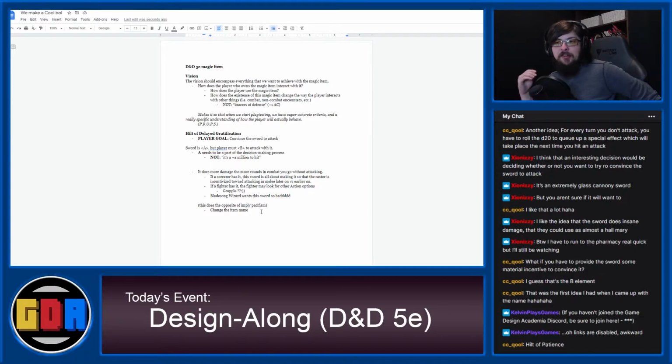Do we want to move forward with this design concept and just change the name, done? Or do we want to actually change the design, because the idea was to make a hilt of pacifism, and those would be very different things.